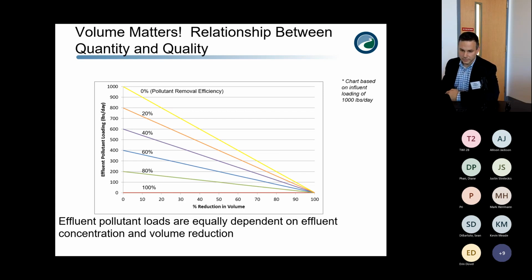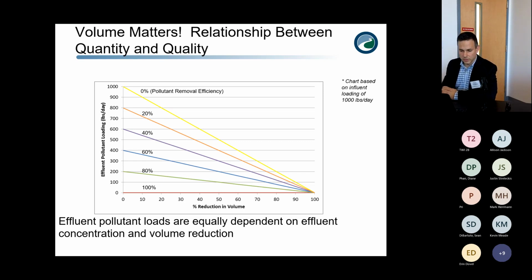So you can see here that as that percent reduction in volume is going up, you're reducing that effluent pollutant loading without doing anything for pollutant removal efficiency. So that yellow line represents 0. If you had a BMP that had no pollutant removal efficiency, but you were getting a lot of volume reduction, you would be drawing down that effluent pollutant loading because the loading is based on that volume times the concentration.